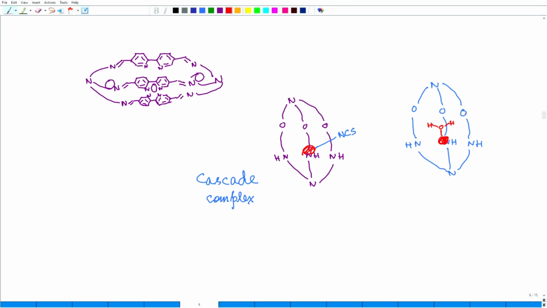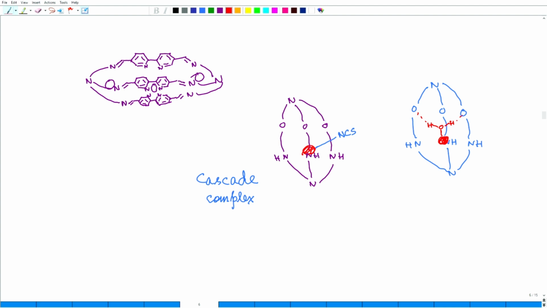This hydrogen can be hydrogen bonded, and we have synthesized some compounds like this. So, cascade complexes are also very important in catalysis. They can be used like the one with dicobalt cryptand we have found.